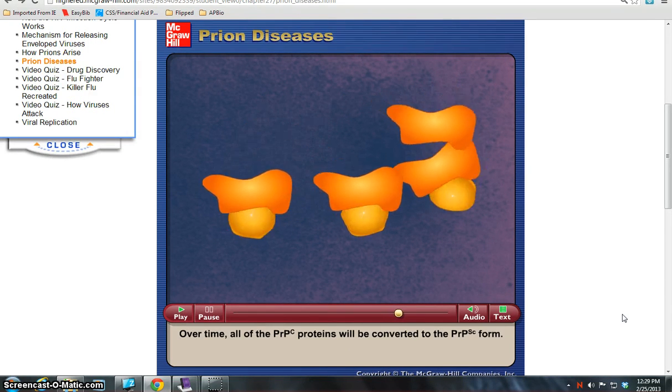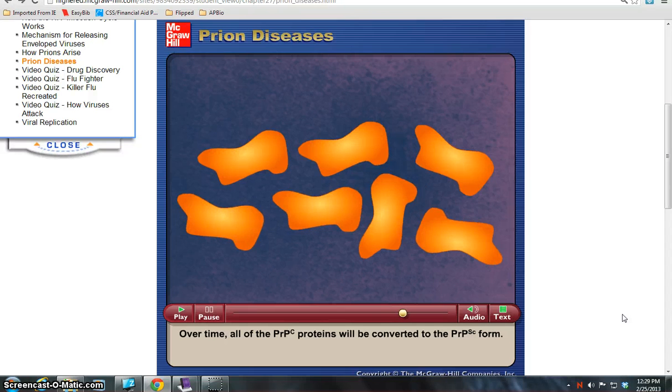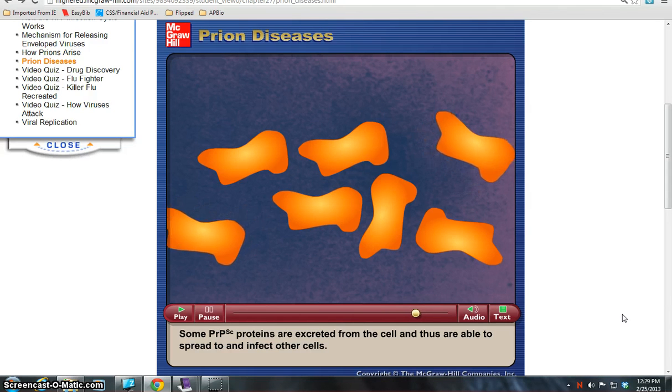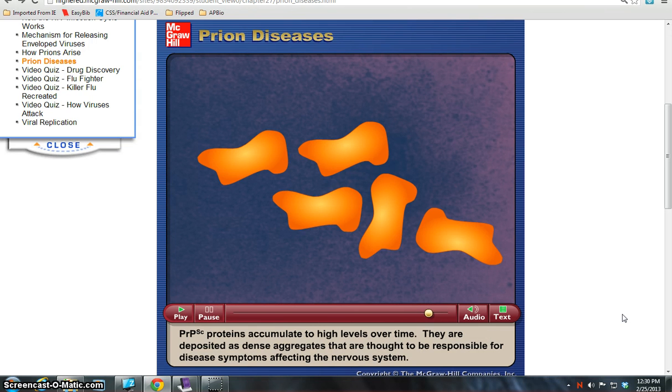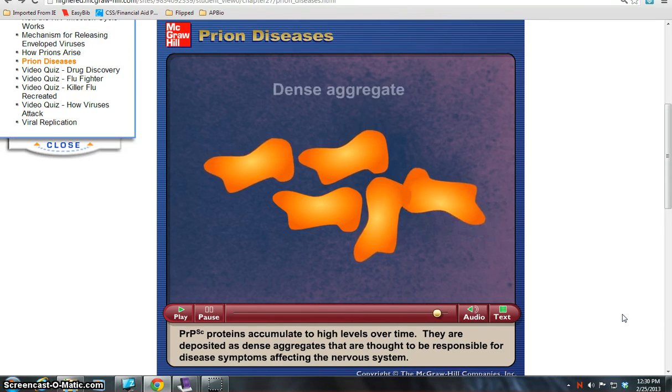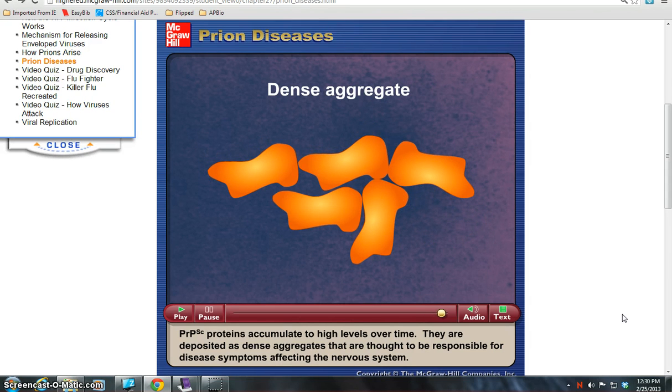Over time, all of the PrPC proteins will be converted to the PrPSc form. Some PrPSc proteins are excreted from the cell and thus are able to spread to and infect other cells. PrPSc proteins accumulate to high levels over time. They are deposited as dense aggregates that are thought to be responsible for disease symptoms affecting the nervous system.